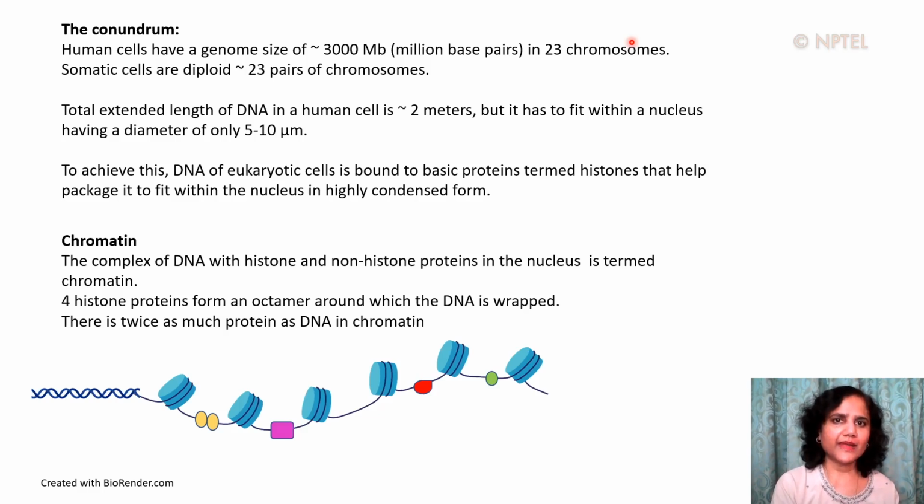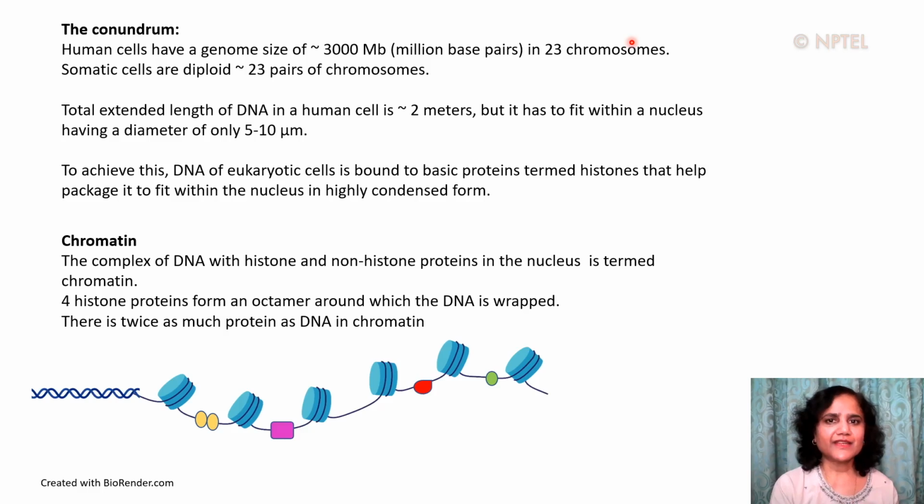As you know, the somatic cells are diploid, and so there are 23 pairs of chromosomes. And the total extended length of DNA in a human cell is roughly about 2 meters. But this has to fit within a nucleus having a diameter of only 5 to 10 microns. So how does this happen?